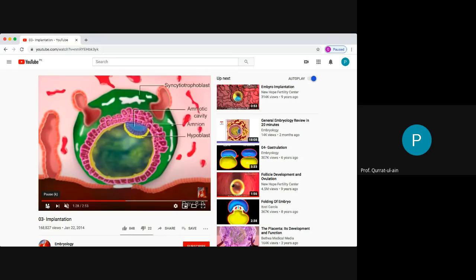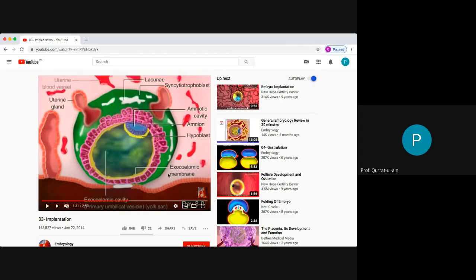Okay, now one more thing is happening which is very interesting, and this is the formation of the primary yolk sac, which we must discuss here. And the cells of the hypoblast actually grow and they form a thin layer of membrane. These cells are proliferating and they're growing and lining the inner side of cytotrophoblast.